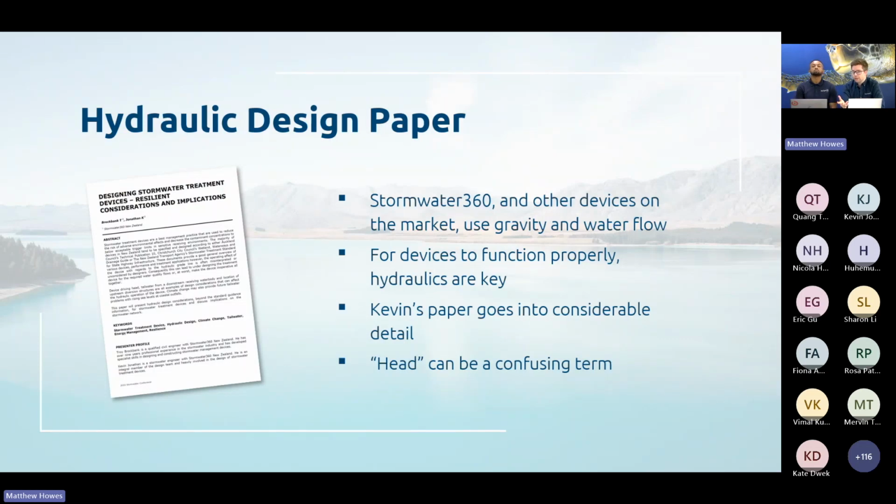So that paper is available on our website, and we can also send out the link to that paper. And it goes into an awful lot more detail than what we can in the scope of this short webinar, but it goes through and defines everything as needed.